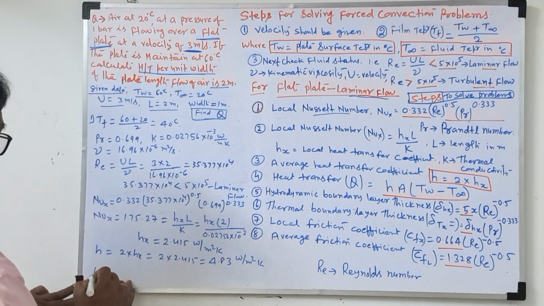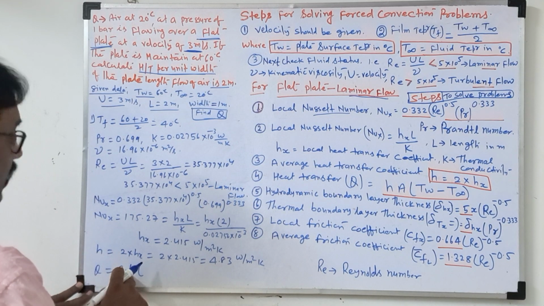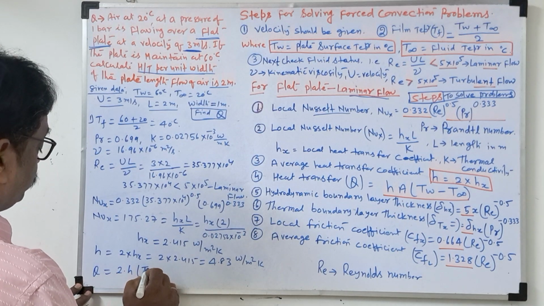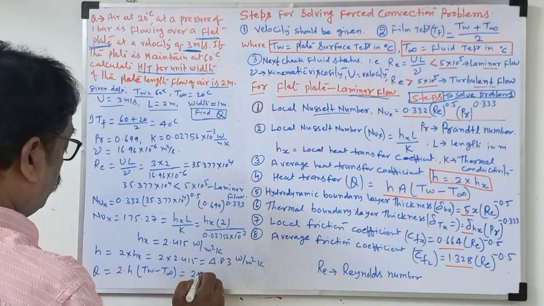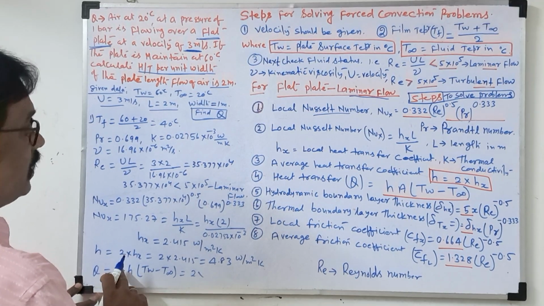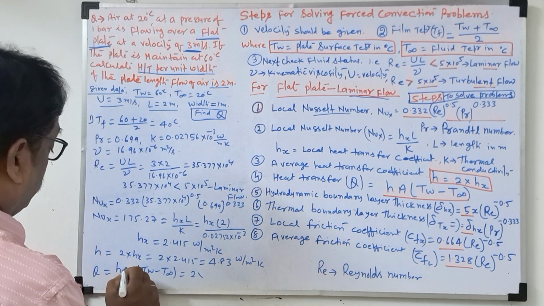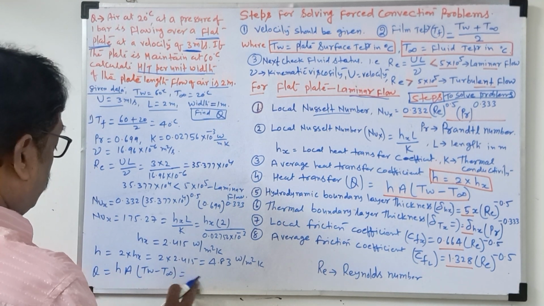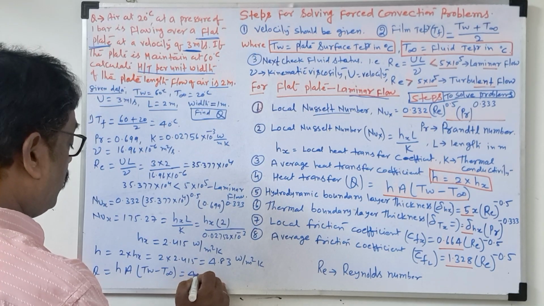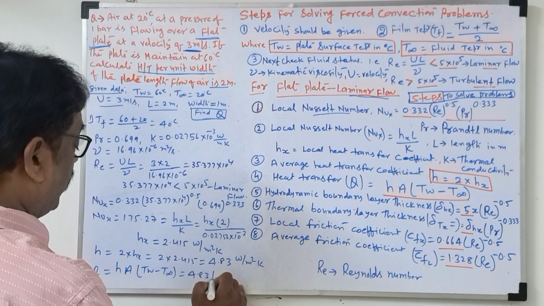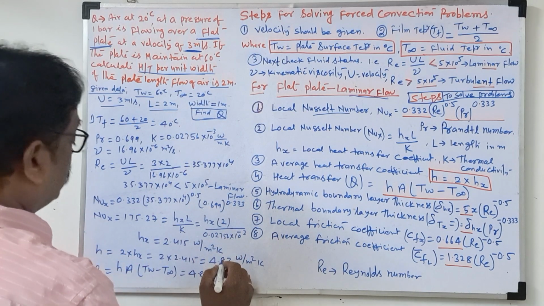Now substitute in Q equals h A (Tw minus T infinity). So what is hA? The h value is 4.83, then the area will be width into length.